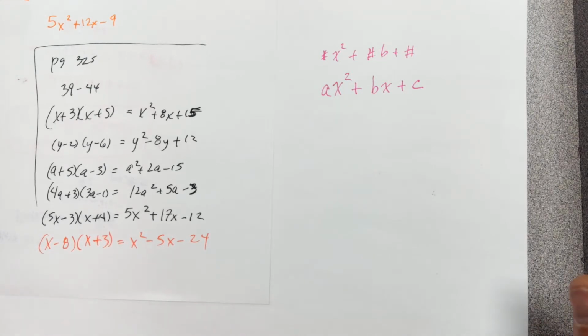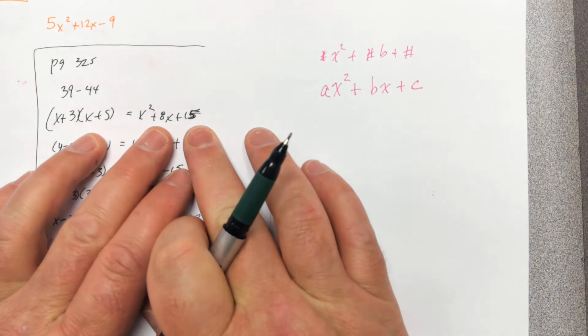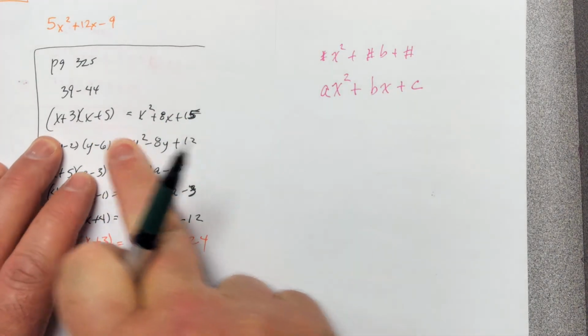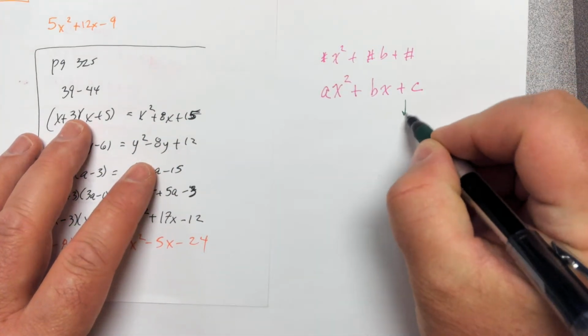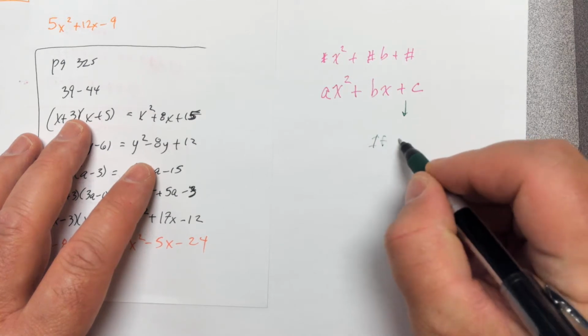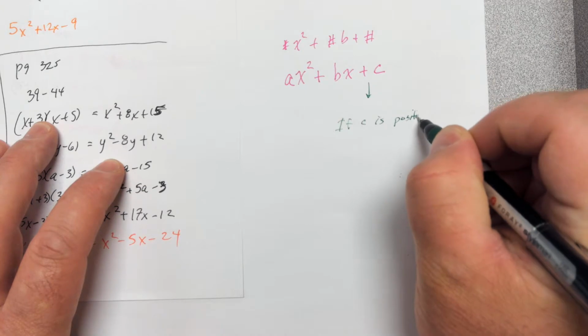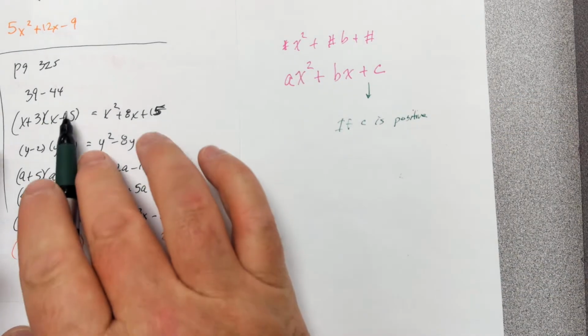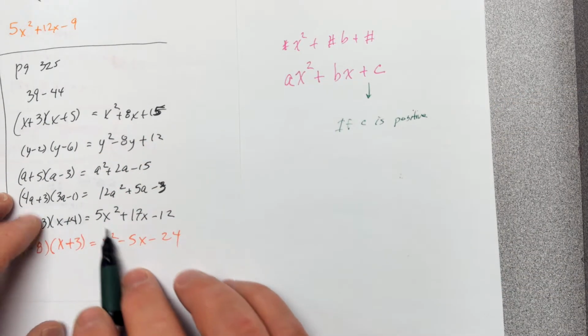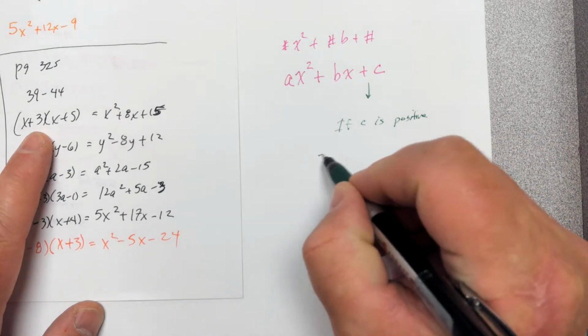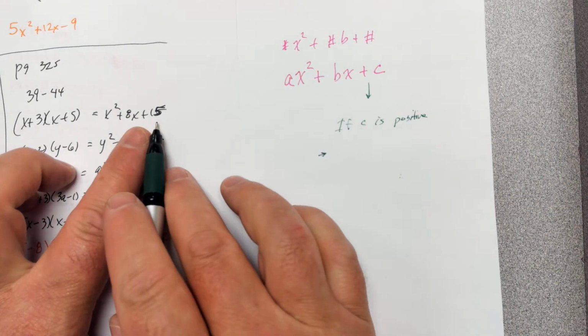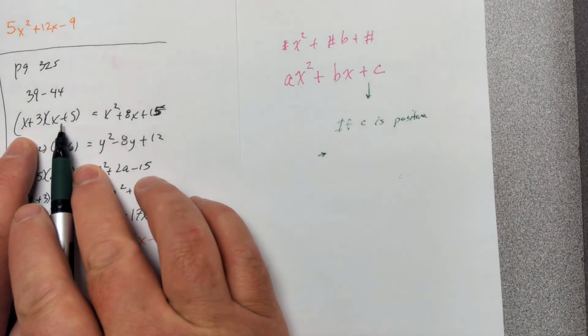So here's what I want to show you. I want to show you a relationship between the answer and the problem. Let's take a look at c. If c is positive, we can find out things about the original question. So if c is positive, like here, you see how c is positive? And look, they're both the same.